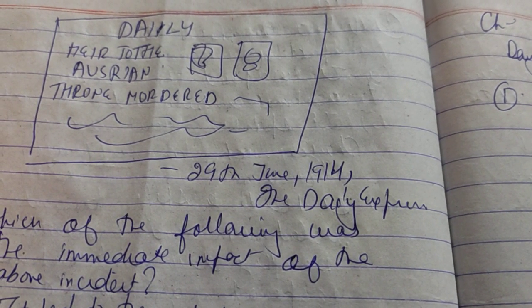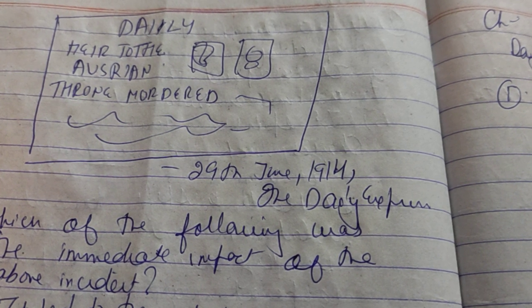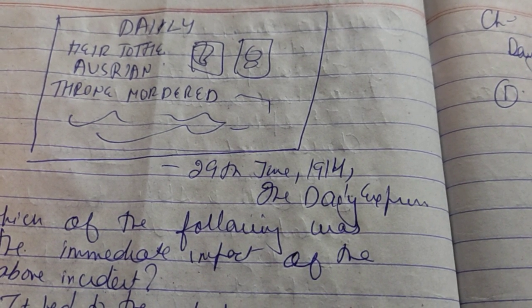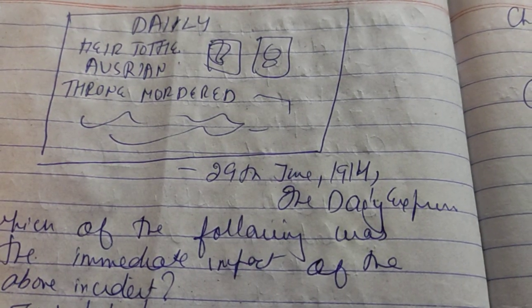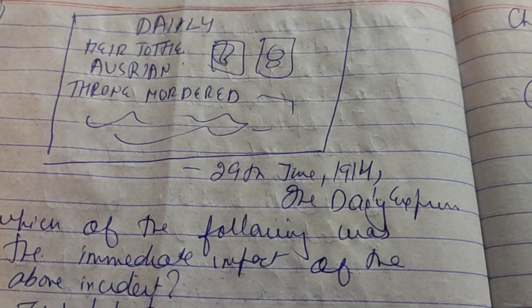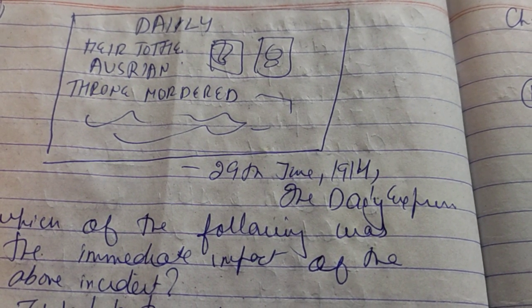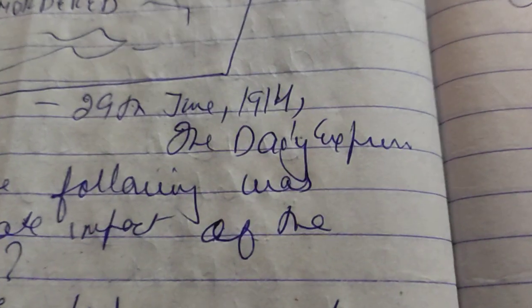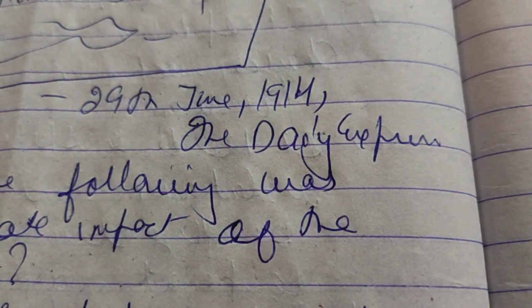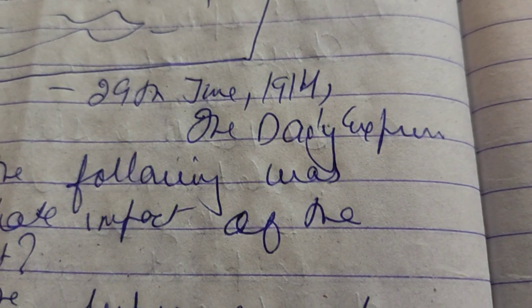Either it can be given in the newspaper itself, or it can be given in the date or place. So the newspaper name is Daily, and it is written that heir to the Austrian throne murdered. Okay, the date hint given to us is 29th June 1914.